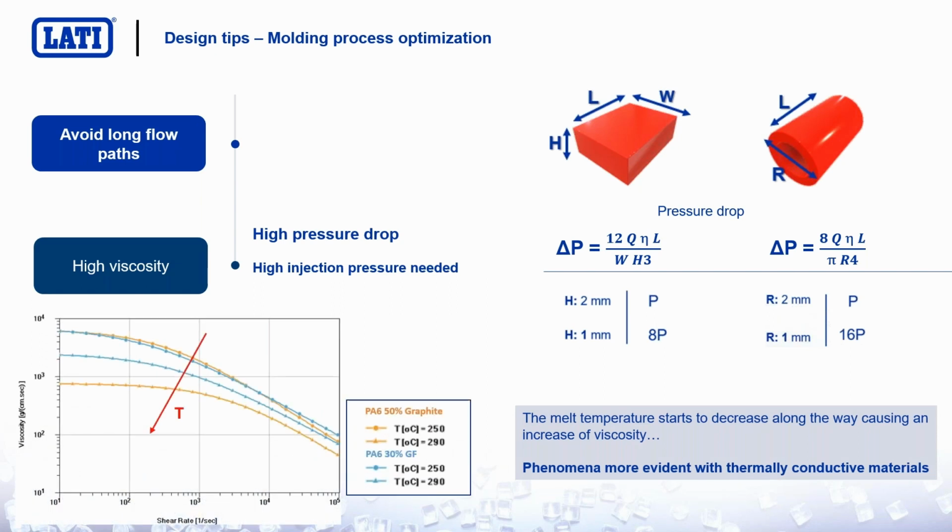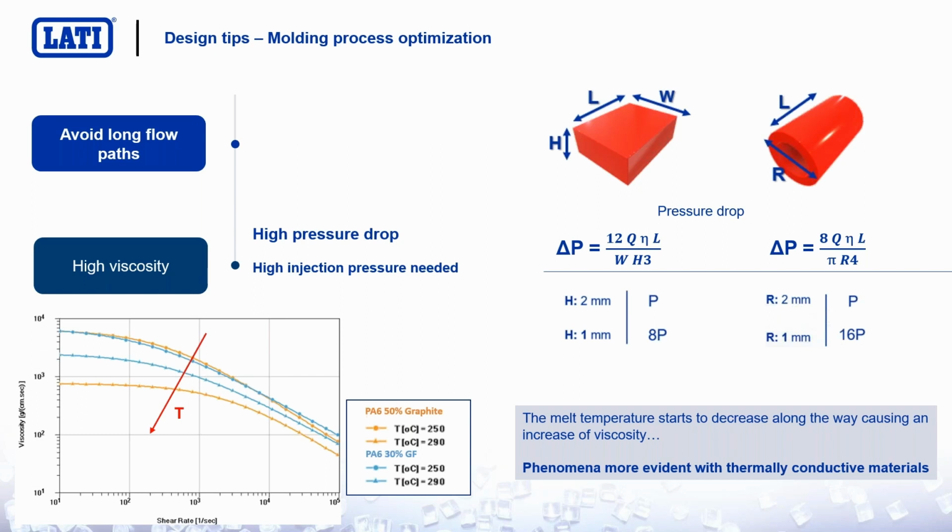One very important aspect to keep in mind is that the melt temperature during the filling phase starts to decrease along the way, during the path to the cavity, and it does not start in the moment we set the cooling phase on the machine.